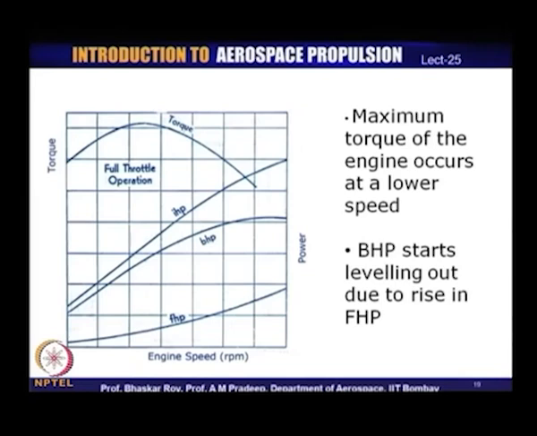BHP may not increase any further after a certain engine speed. So, every engine has a highest speed at which BHP reaches its peak, and there is no point operating the engine above that. Quite often engine speeds are cut off slightly above this speed, and the engine does not operate anywhere higher.